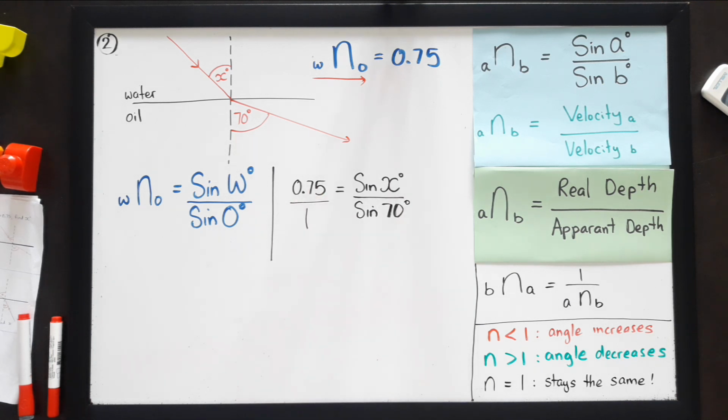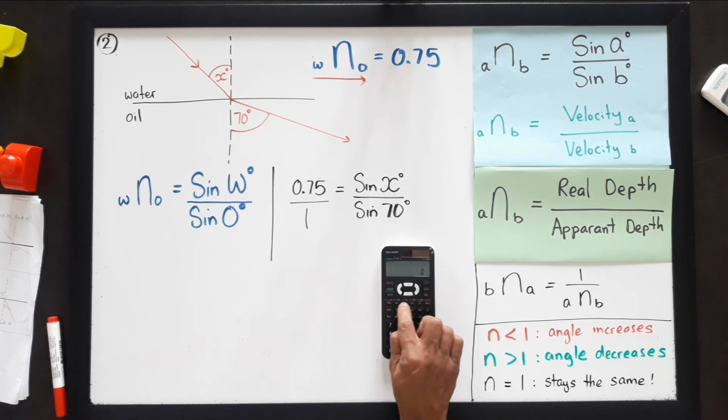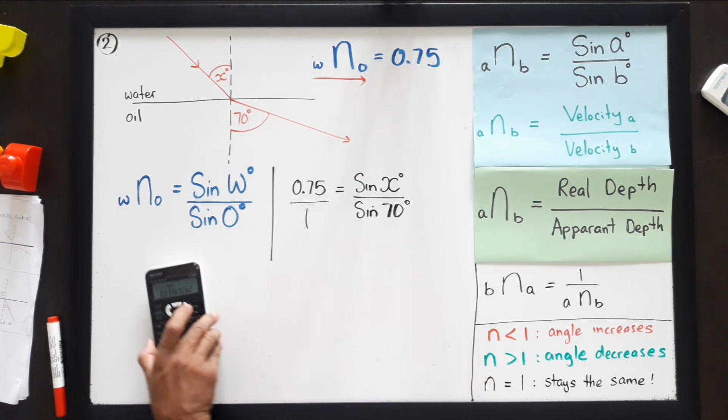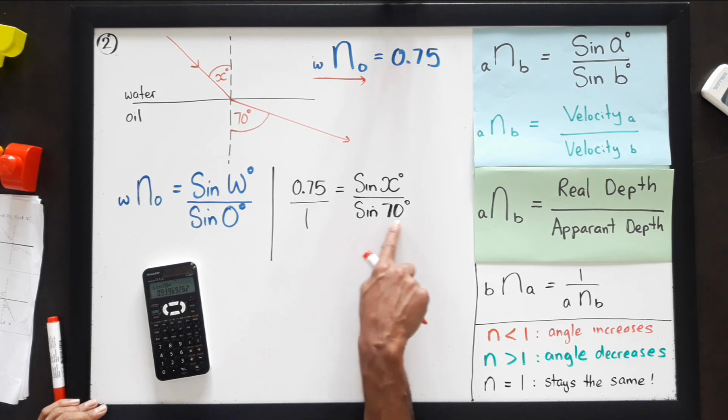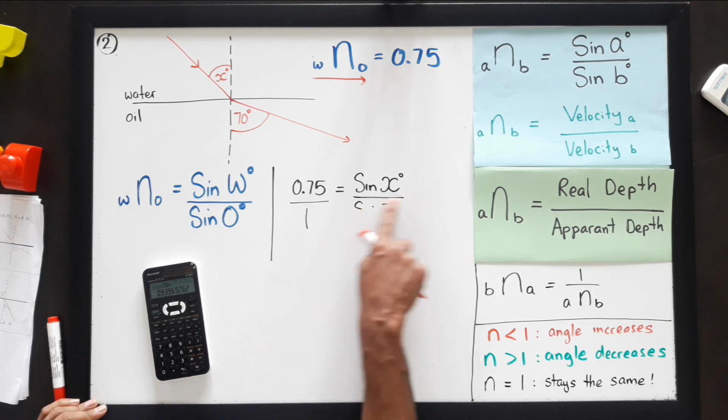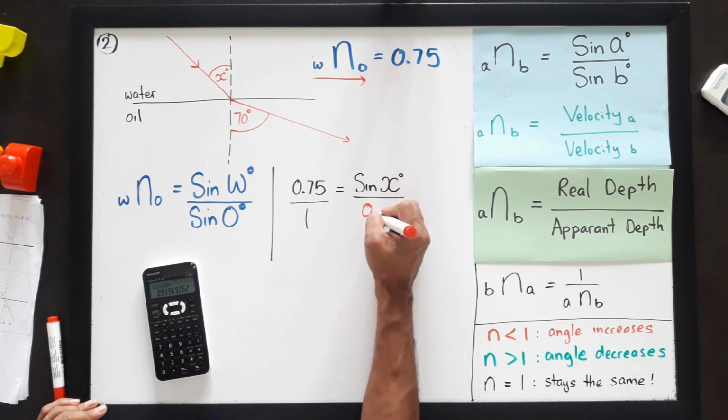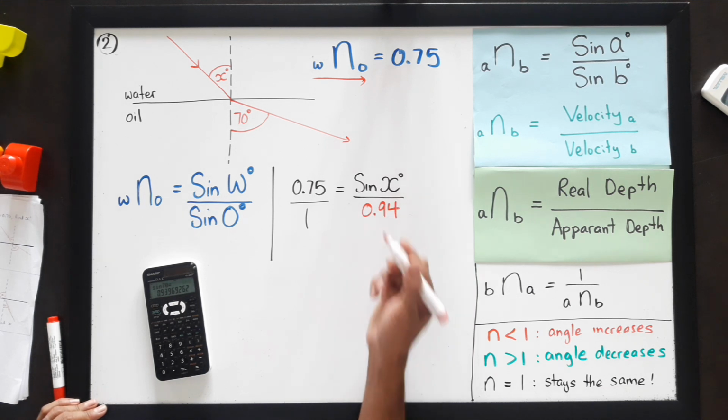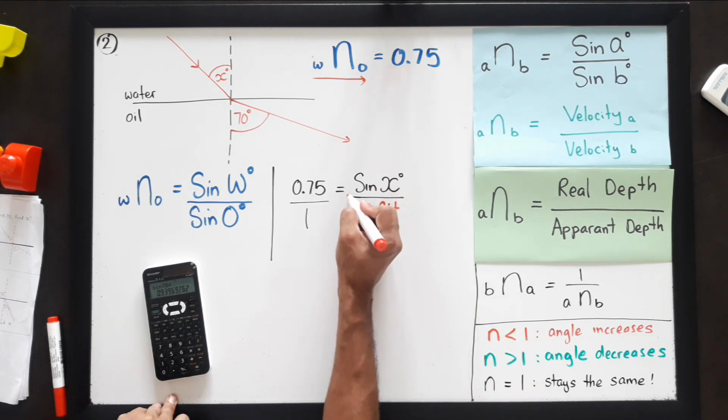So 0.75 is sitting as 0.75 over 1. I believe we can find sine 70 in our calculator. Sine 70. If we round it off properly, we get 0.94. So I can erase this sine 70, the whole thing, and put 0.94. All we have to do is cross multiply.